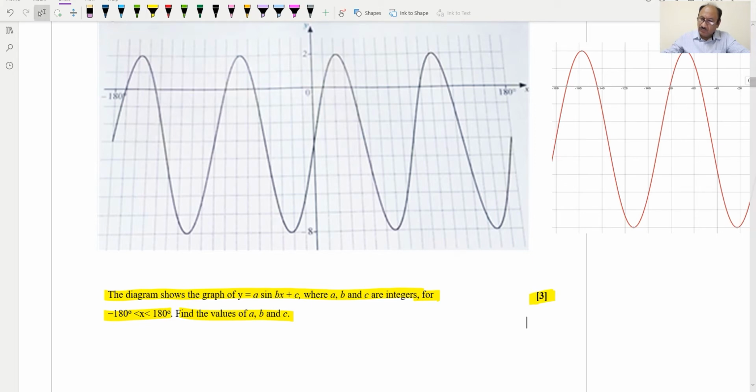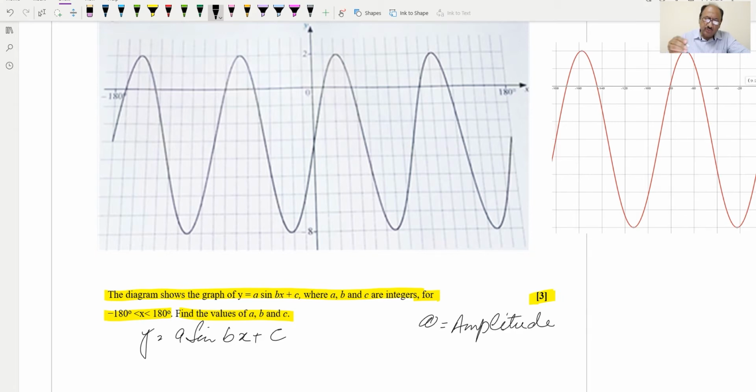So what we will do, we can check for the a, b, c values. First of all, the equation given is y equals a sin bx plus c. We require the a value, which is basically the amplitude, and we can check it from the maximum point.